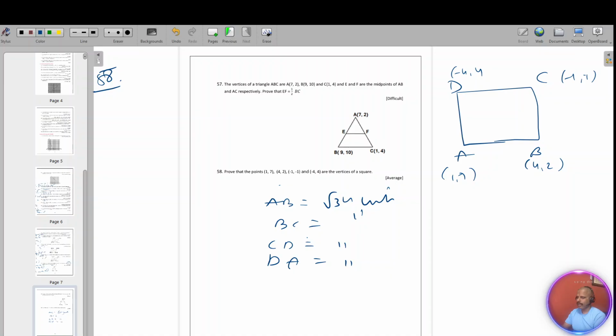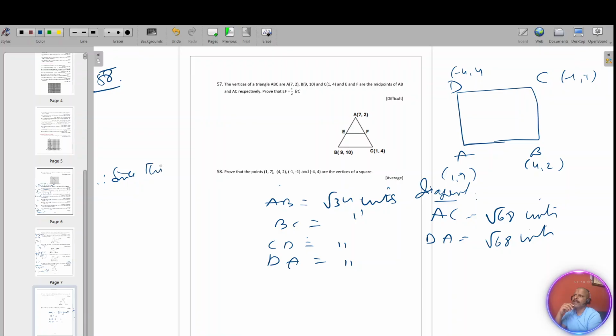Once you get the root 34 units, also find AC and BD, because the diagonals also should be equal. AC is root 68, I guess. Root 68 units.